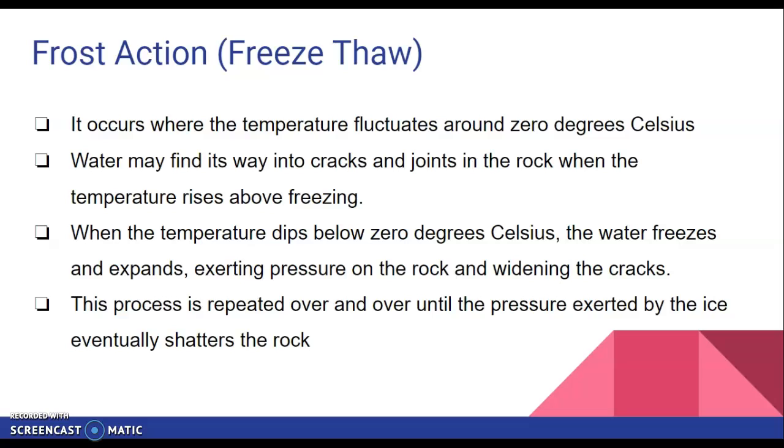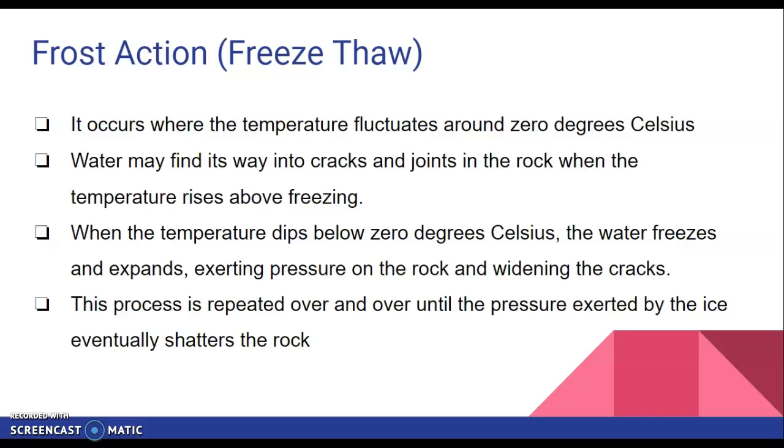Now, what is this frost action, freeze-thaw method of physical weathering? As the title suggests, it involves ice, right? Thawing, ice melting, water freezing. So what we're saying is this type of physical weathering can only take place in areas where the temperature fluctuates around 0 degrees Celsius.